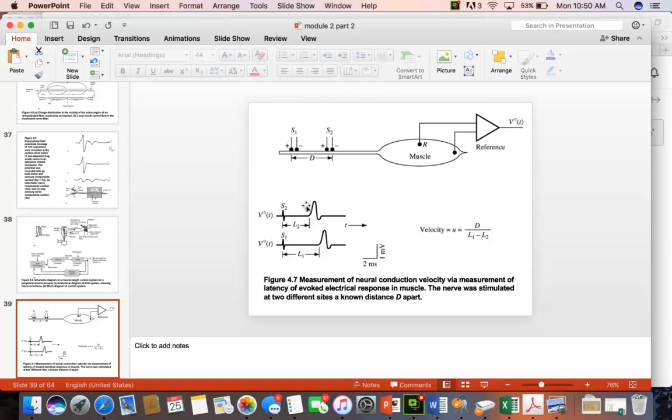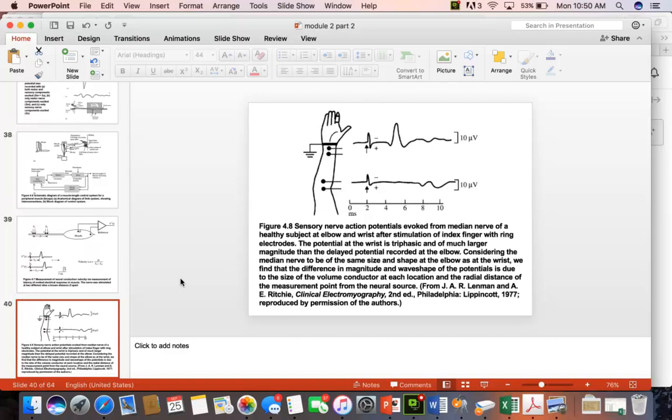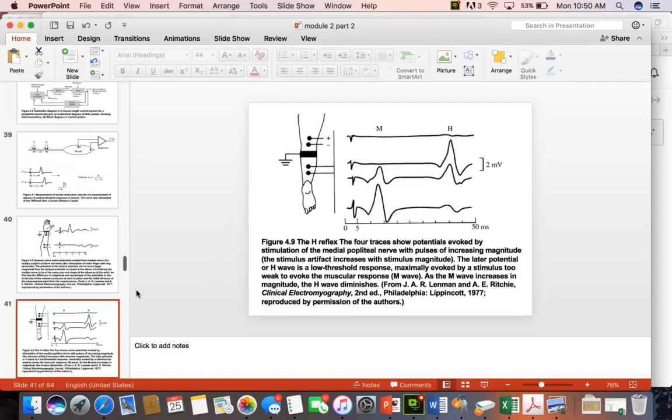And so by looking at the delay, that tells you something about how well the muscle is actually working. Here are some action potentials after you're stimulating the index finger. So you've got a little electrode here that stimulates the index finger. You're trying to pick up that action potential as it travels up the arm. So you're doing that with these electrode pairs.